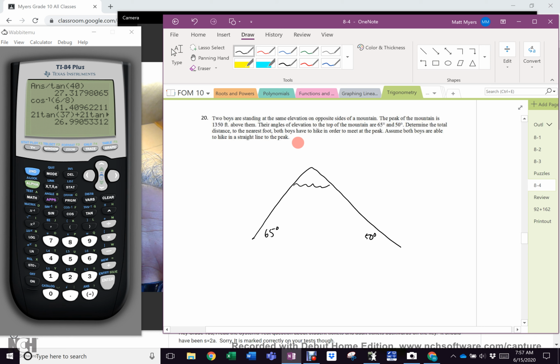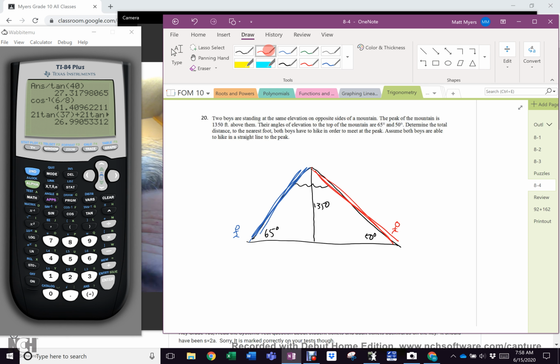Determine the total distance to hike to meet at the peak, assuming they can each walk up there. So there's the mountain height. It's 1350. So the boys are going to walk up here and up here. So I need the blue hypotenuse and the red hypotenuse.